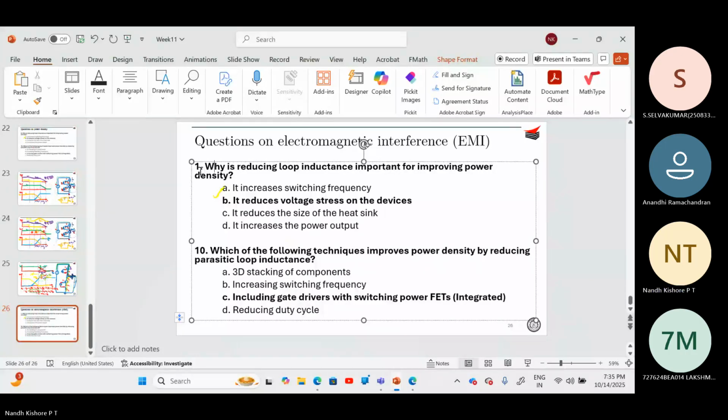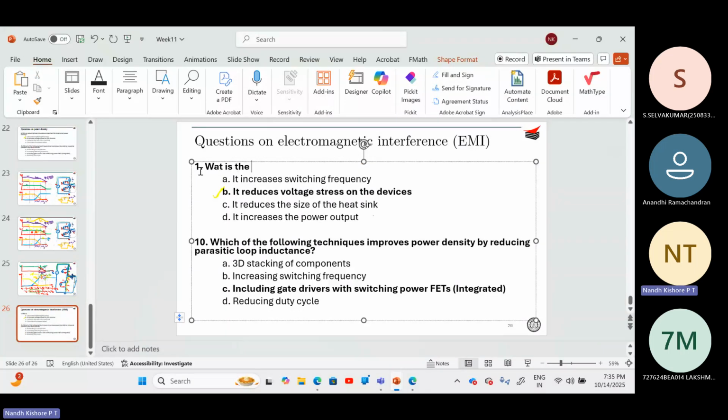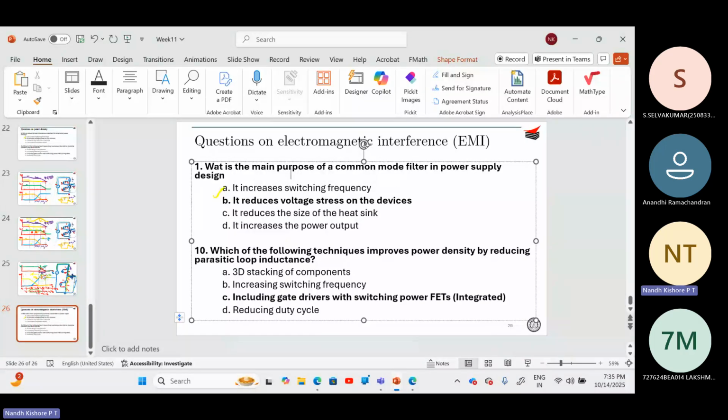So, what is the main purpose of a common mode filter in power supply designs?